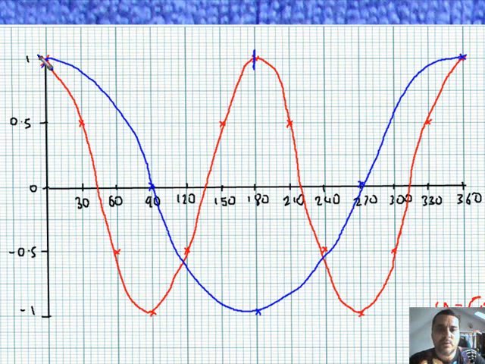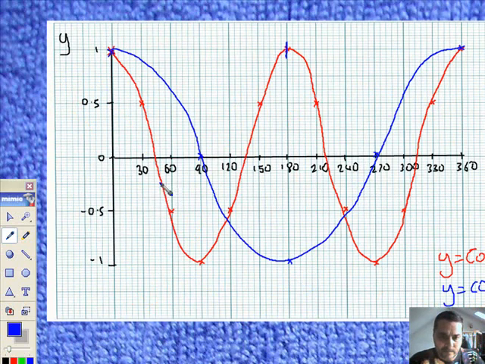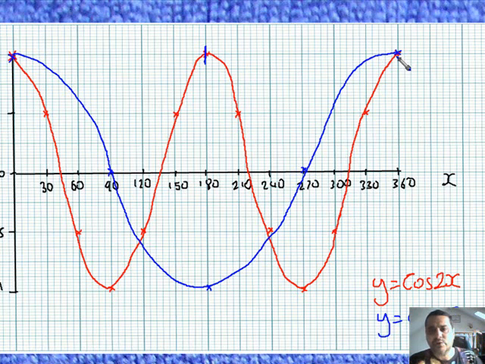So what have we got then? From 0 to 360 we've got, just follow my pen, one cosine wave and another cosine wave. So there's two complete cosine cycles for y equals cos 2x, and one complete cos wave for y equals cos 1x.